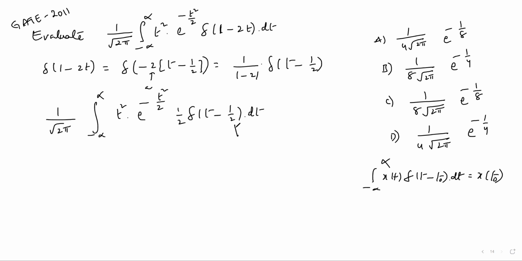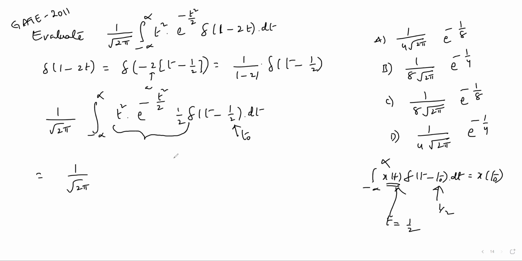Now t naught is here 1 by 2, and t square exponential function is all this x of t. So in x of t, t is replaced with this 1 by 2. So we'll get the expression 1 by root 2 pi.